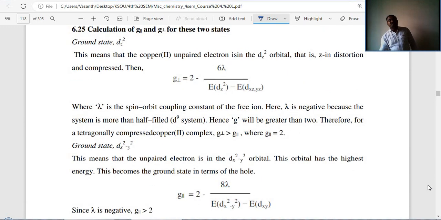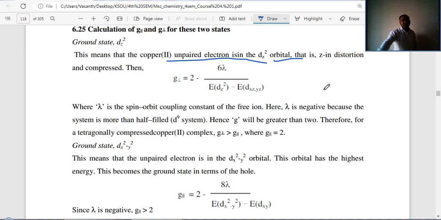This is the calculation of g parallel and g perpendicular for these two states. The ground state is equal to dz square. This means that the copper 2 unpaired electron is in the dz square orbital, that is Z in distortion and compressed.